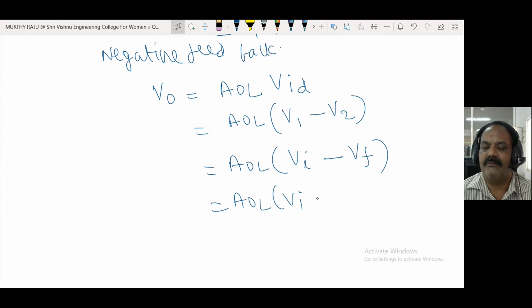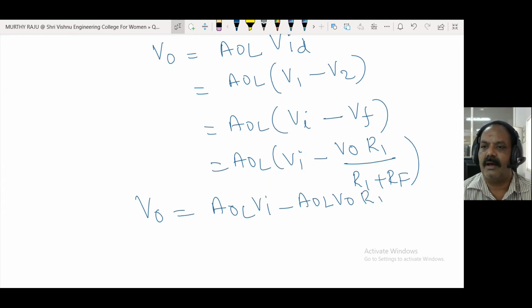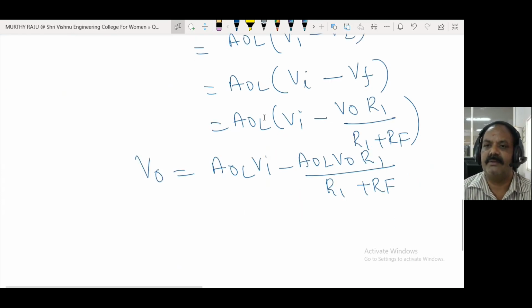VF is equal to V0 into R1 by R1 plus RF. Therefore, V0 is equal to AOL into VI minus AOL V0 R1 by R1 plus RF.